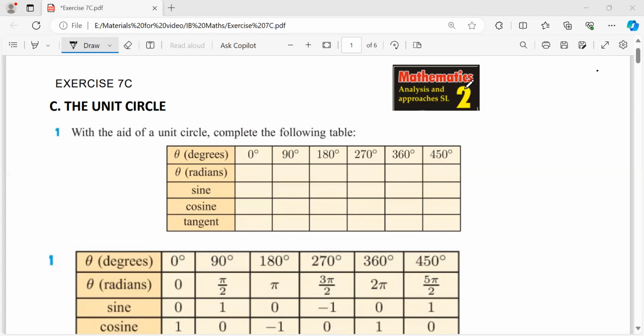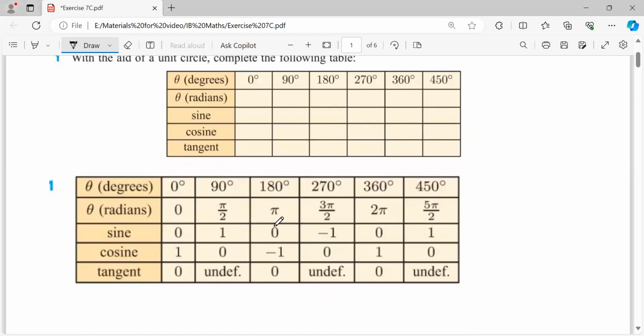Right. Let's start with number one. With the aid of a unit circle, complete the following table. Look at this table. Below this first table, I have attached the solution.